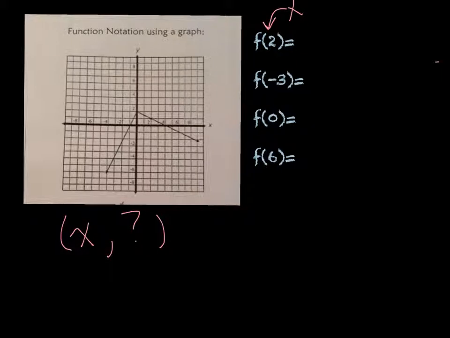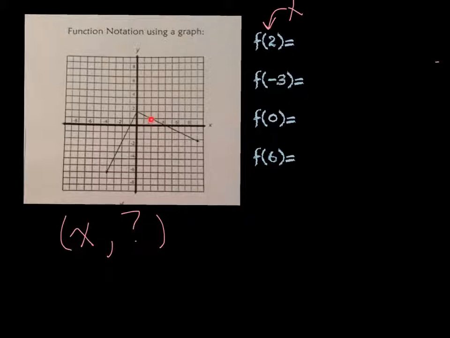Okay, so what you do is you go over to that value on the x-axis. Like the first one, I'm going to go to where x is 2, right here. Then I am going to see where it meets the graph.